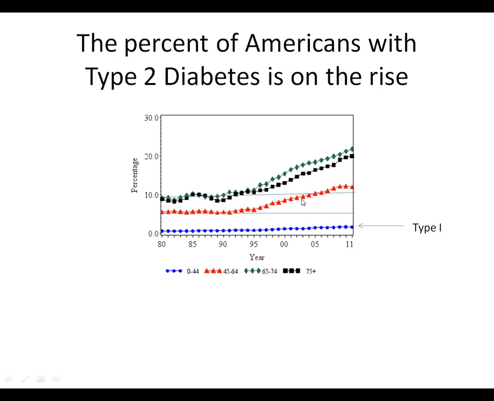But what you can see is that if you look at these various age groups, the current baby boomers are in this group right now. If you look at it broken down by age, you can see that for all age groups, the incidence of diabetes has been going up since about 1990.